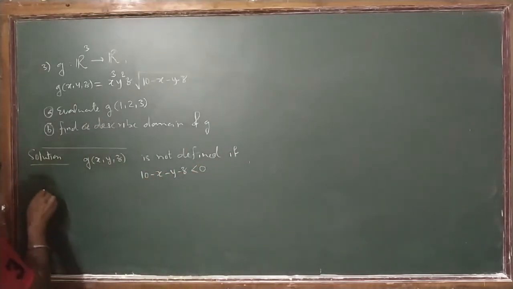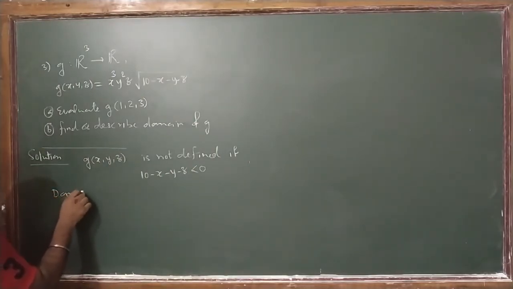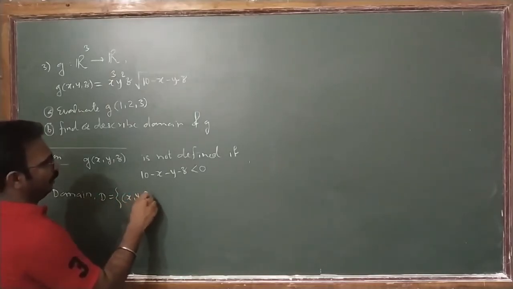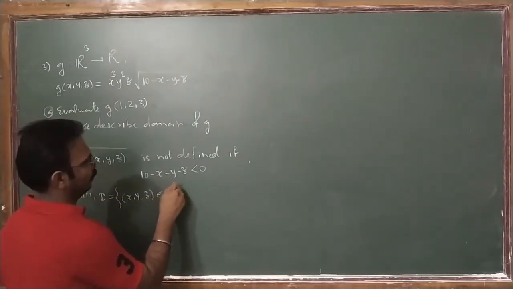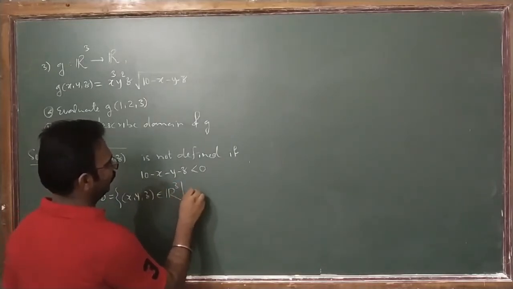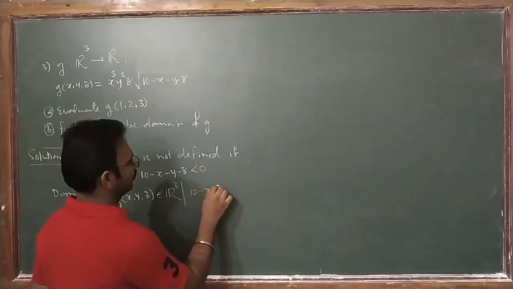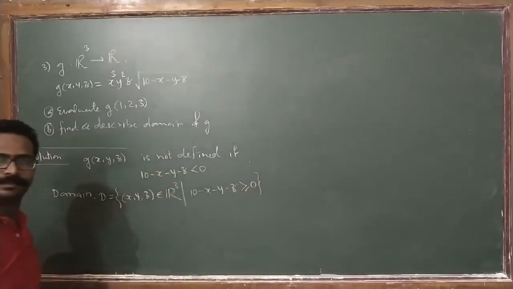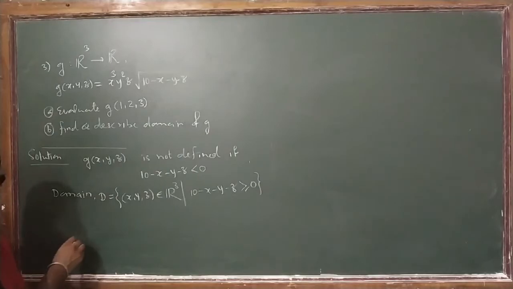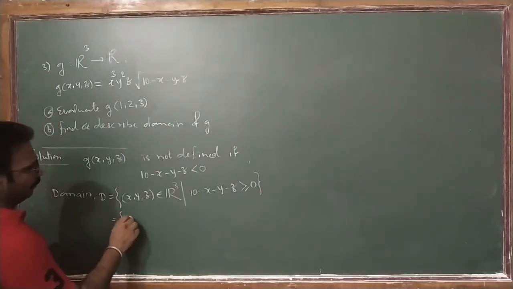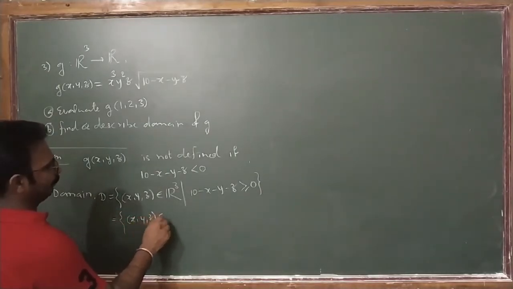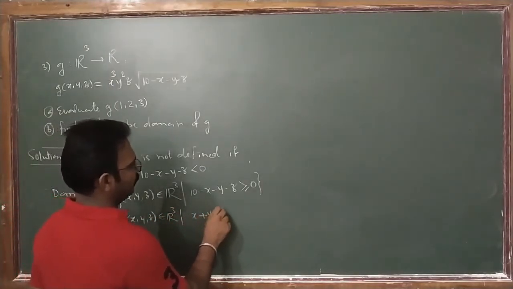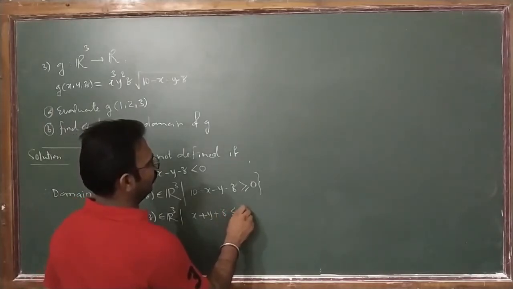Therefore the domain should contain those points of R3 for which 10 minus x minus y minus z is greater than or equal to 0. That is, those points such that x plus y plus z is less than or equal to 10.